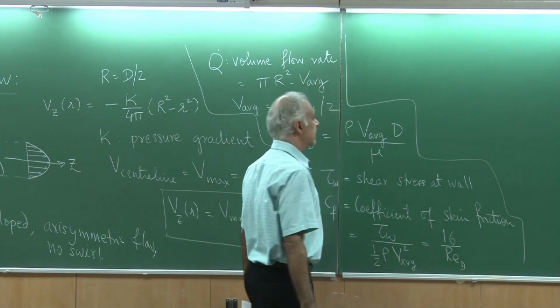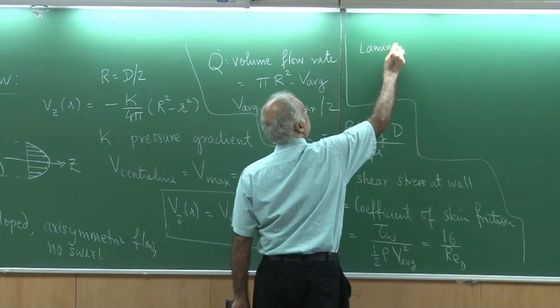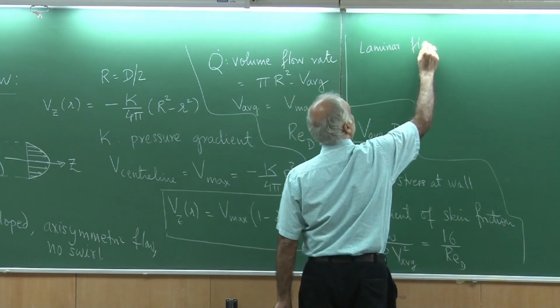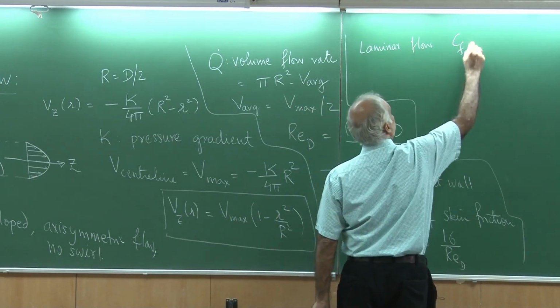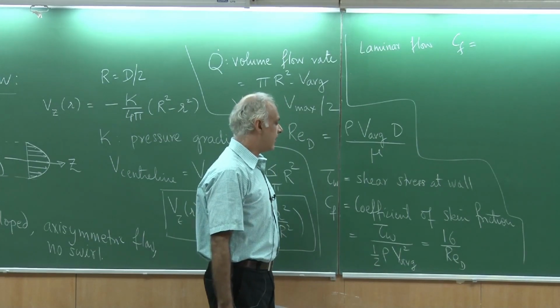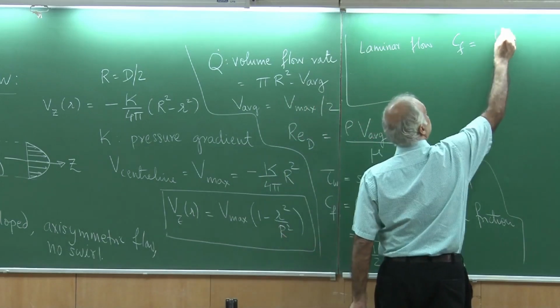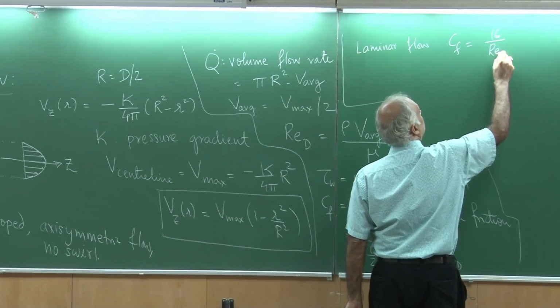So, to summarize, what we were able to see is that for laminar flow, Cf, which is the skin friction coefficient, is 16 by Re_D.